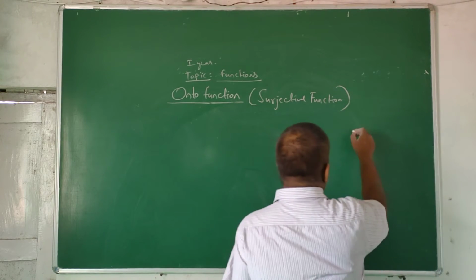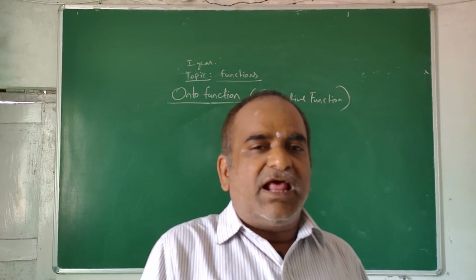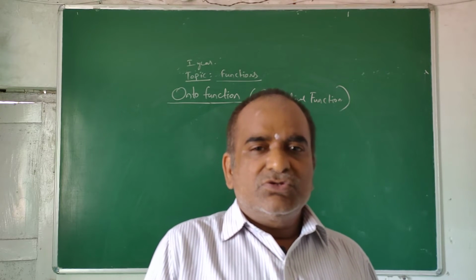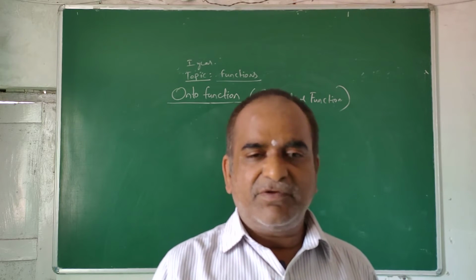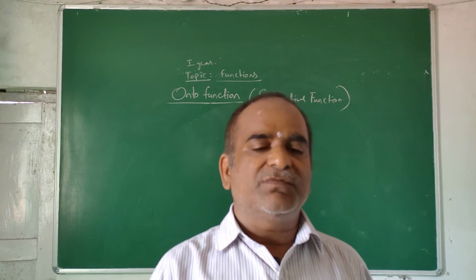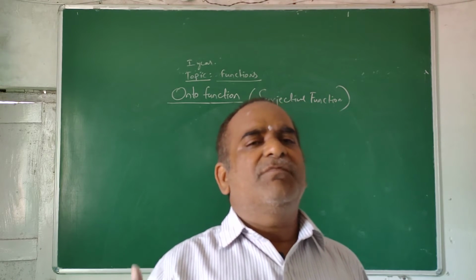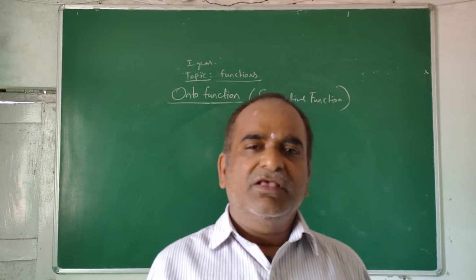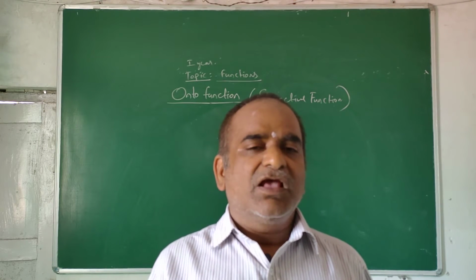First and foremost, in an onto function, no element in the codomain should be without a preimage. Are you following? That means all elements of the codomain should have at least one preimage in the domain. This is the nature of a surjective function.